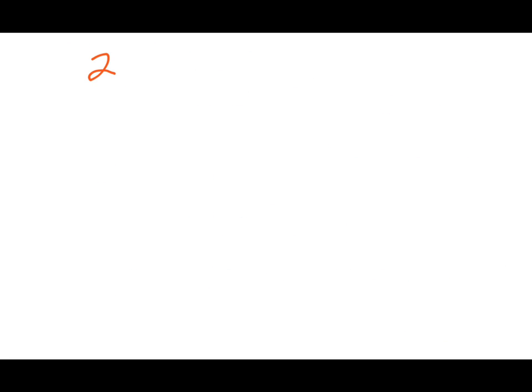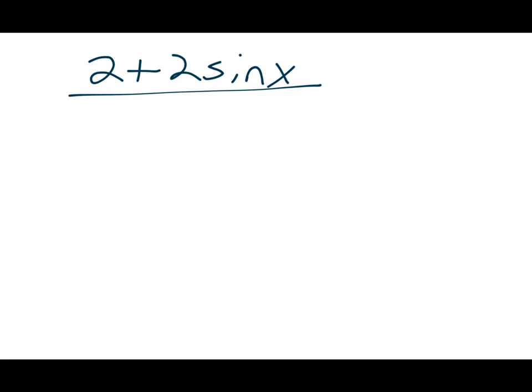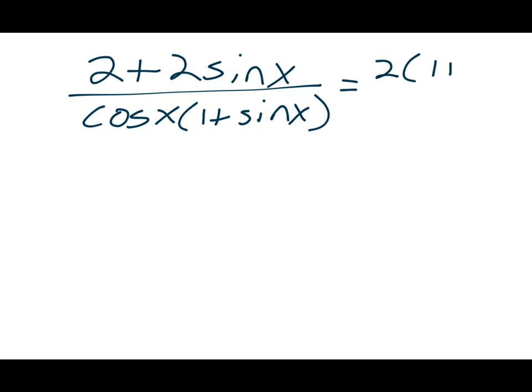So I have 2 plus 2 sine of x all over cosine x times 1 plus sine of x. I'm going to factor out a 2, leaves me with 1 plus sine of x on top, and cosine of x times 1 plus sine of x on the bottom.